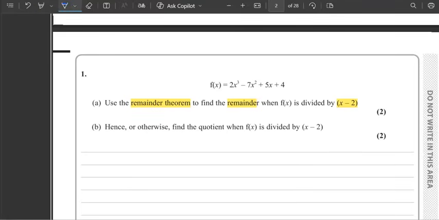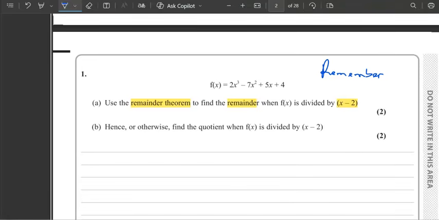Now, just a reminder, by remainder theorem, we know that if f of x is a polynomial and we divide by x minus 2, then f of 2 should be equal to the remainder.